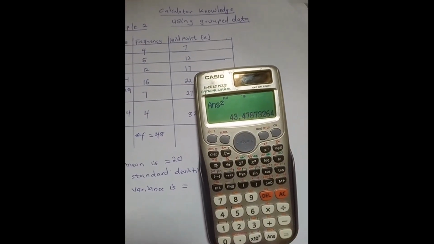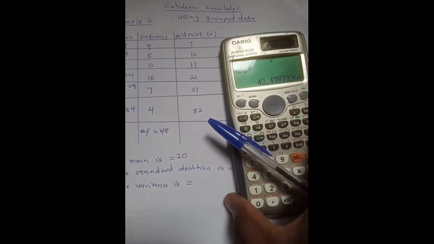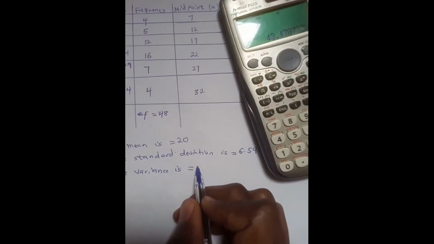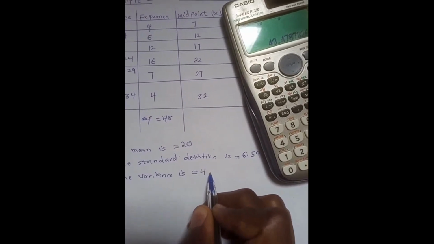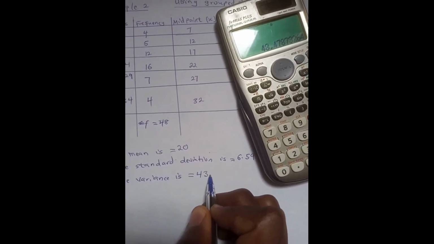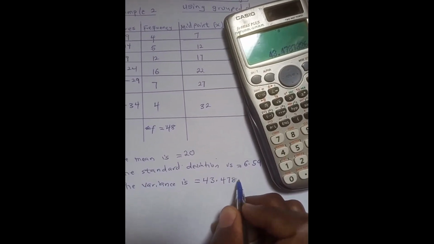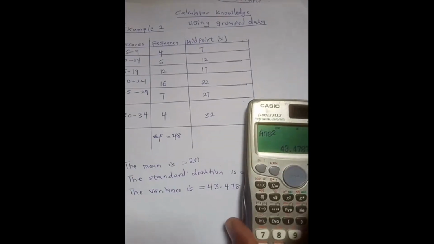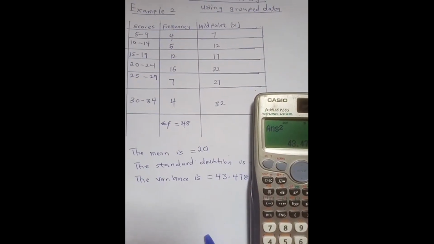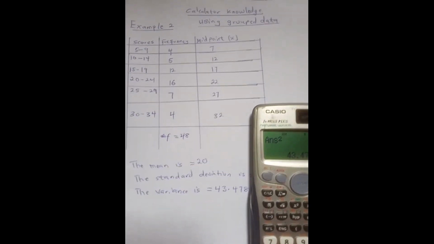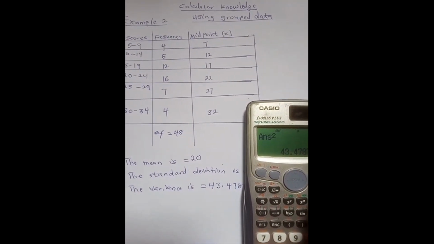Square your answer. So our variance is 43.478, and that is how you can solve for the mean, standard deviation, and variance using the calculator.